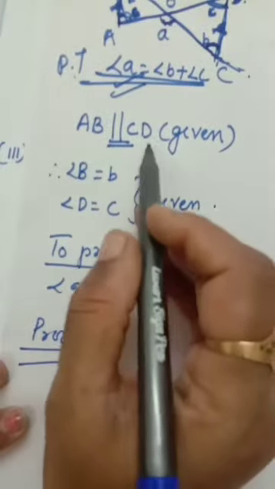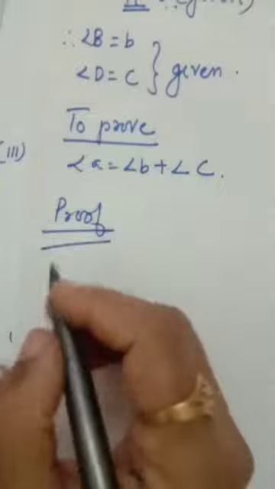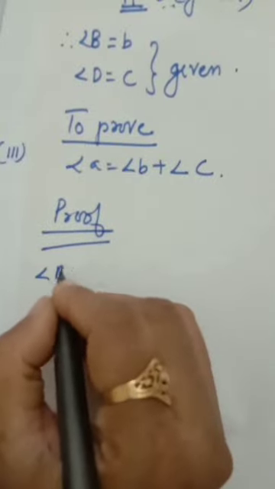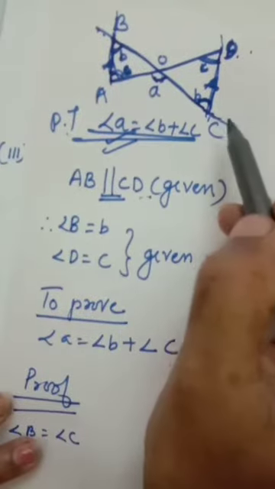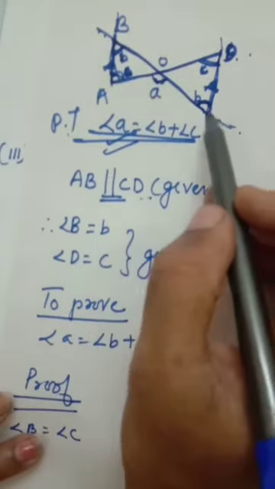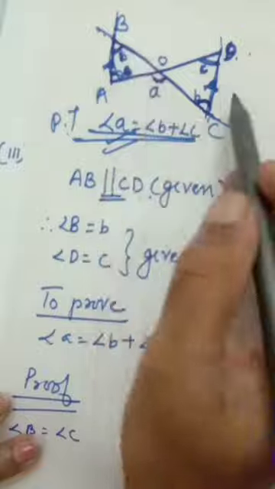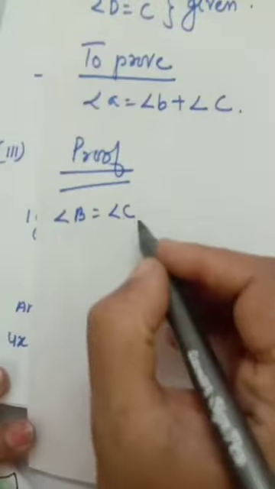Given AB parallel to CD, then we can say angle B equal to angle C. Am I right? Why? Because of alternate interior angles.